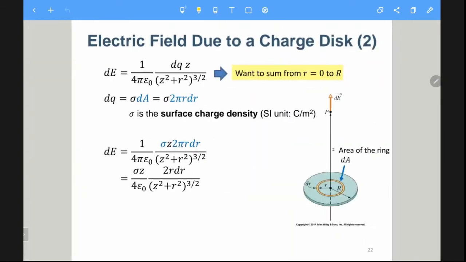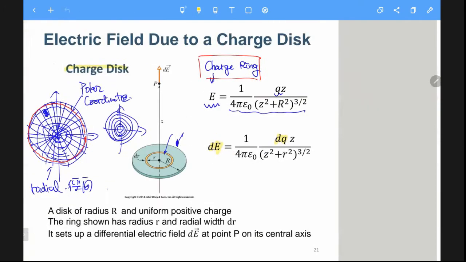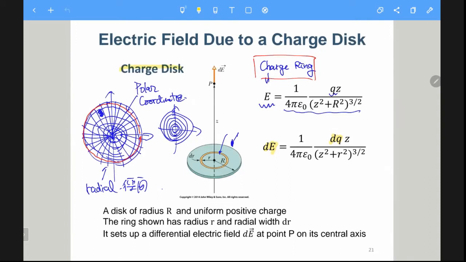Okay, so at that time we used the capital R here, but here capital R refers to the radius of the whole disk. So when we consider this ring, we should use small r here. So we change this capital R into small r.